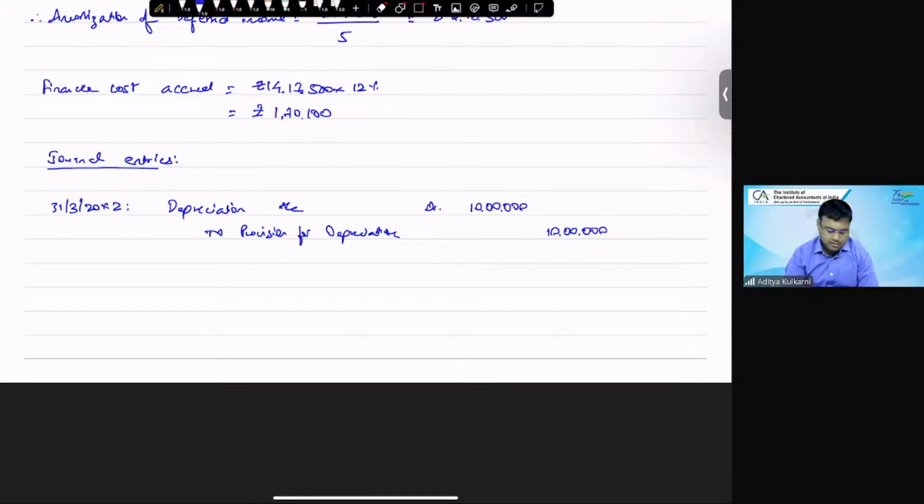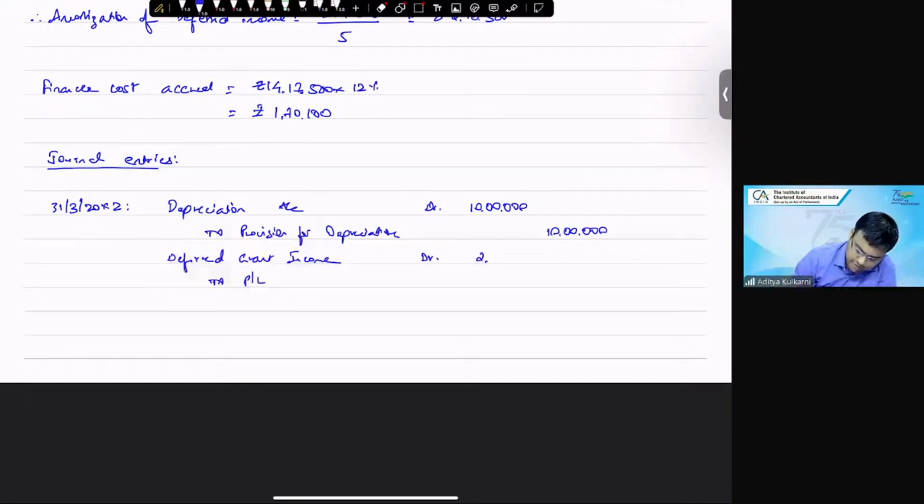That is also fine. Okay. Next one is deferred grant income debit to P&L. How much did I say, 2 lakh? 16,500.